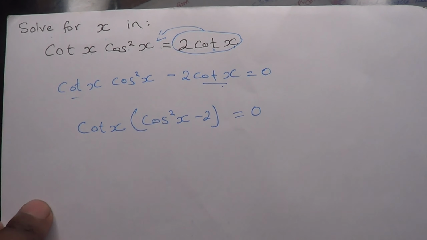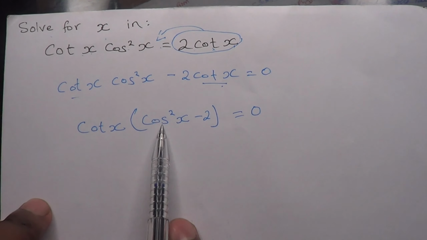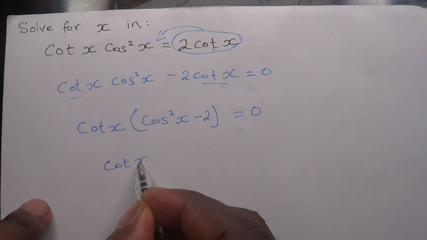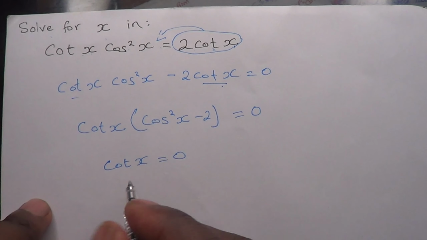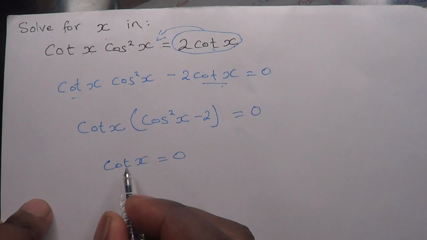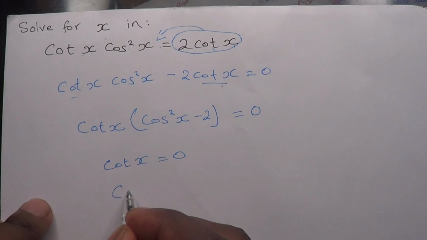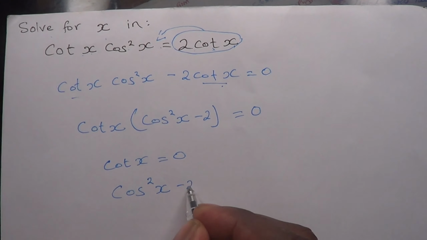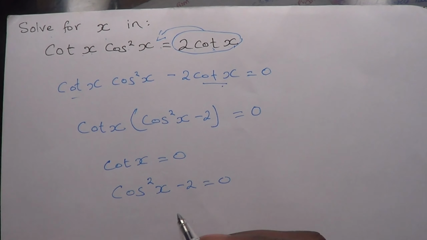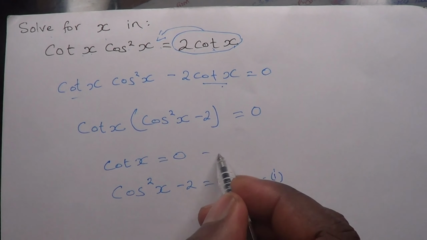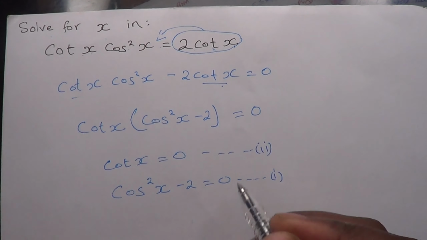So we have cot x equals 0 and cos squared x minus 2 equals 0. So let me start with this one, then I go to the second one.